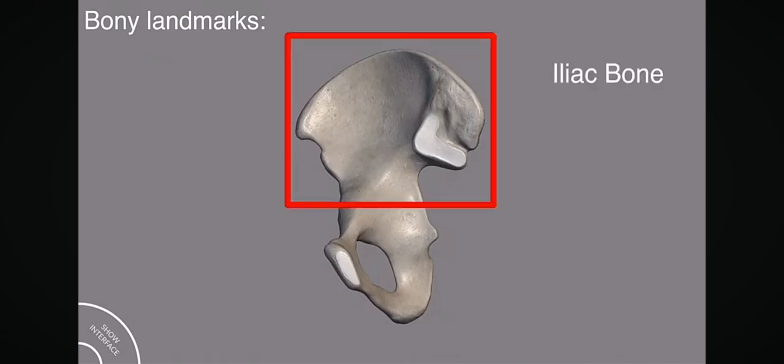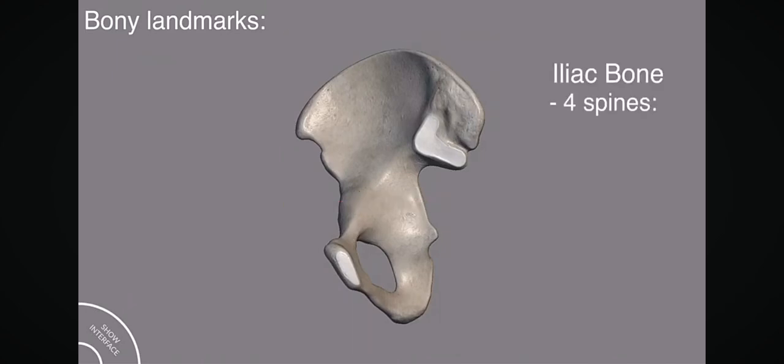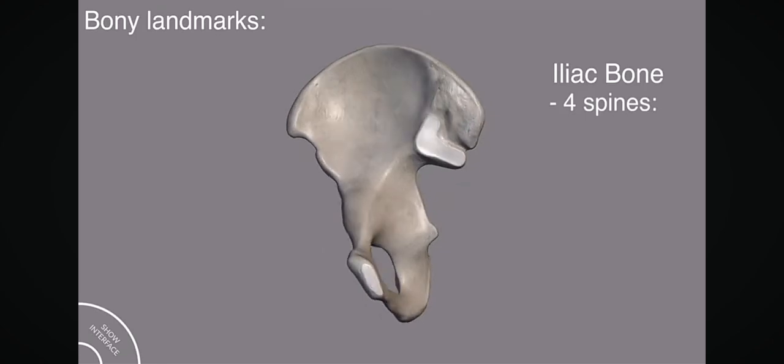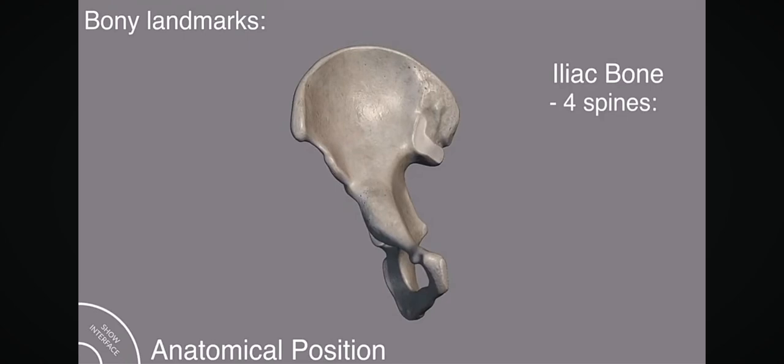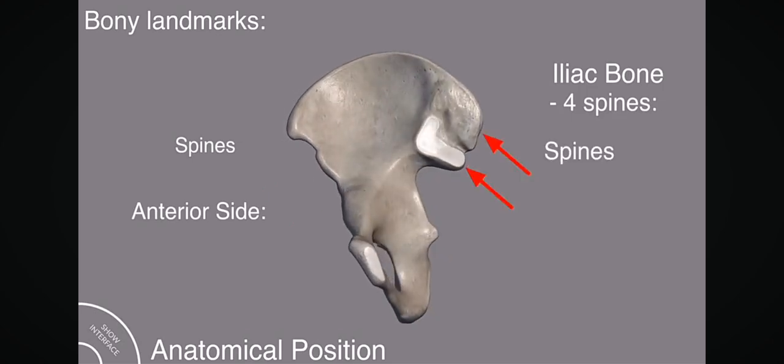Now, in the iliac bone, we have four spines and we have named them according to their location. Since this is the anatomical position of the hip bone, these two spines are on the anterior side and these two spines are on the posterior side.